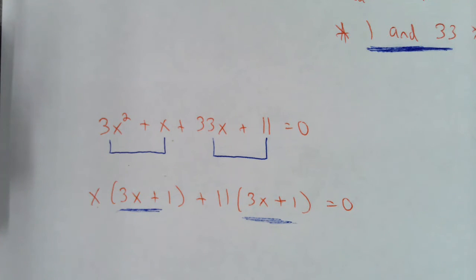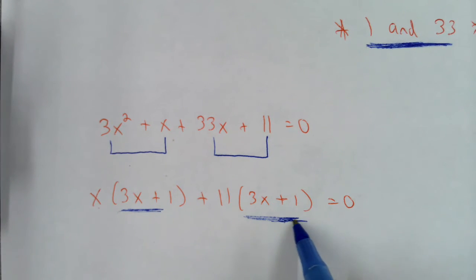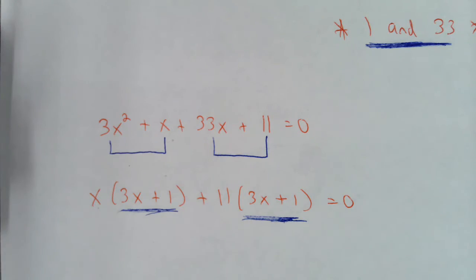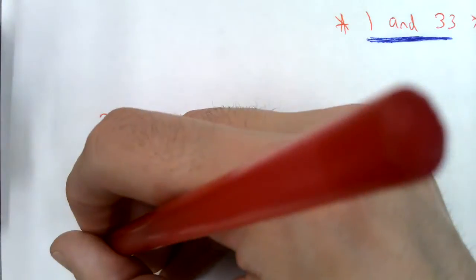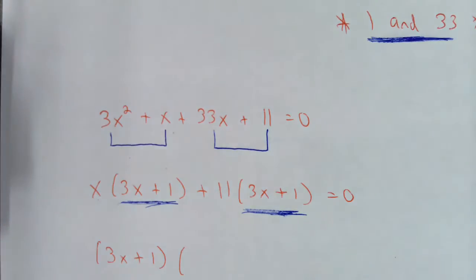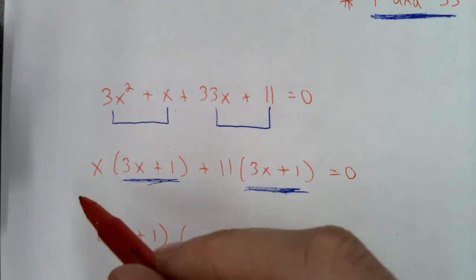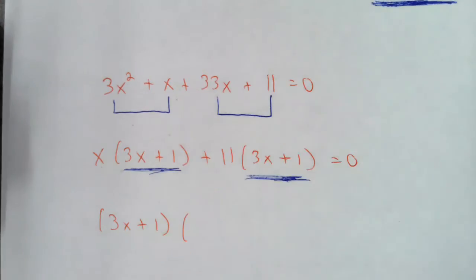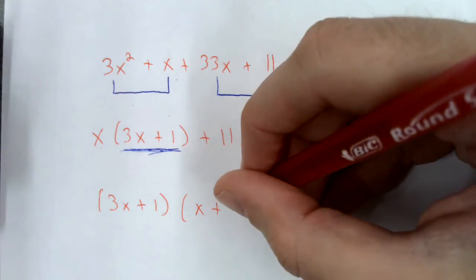That should happen. So you factor out the parentheses to the front. 3x plus 1 gets factored out to the front, and everything left over, in this case x plus 11, comes in the second set of parentheses.